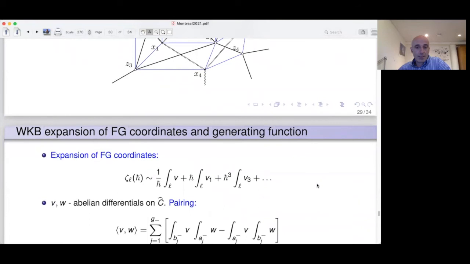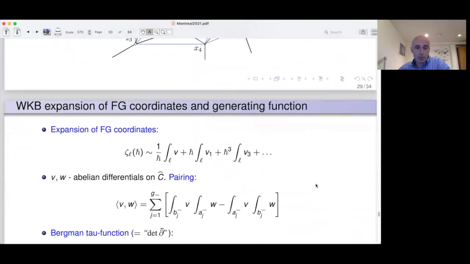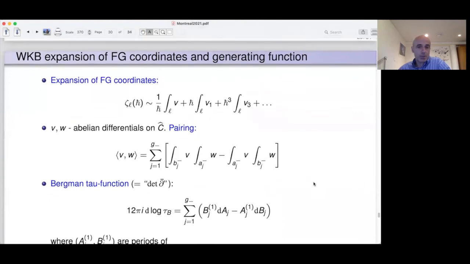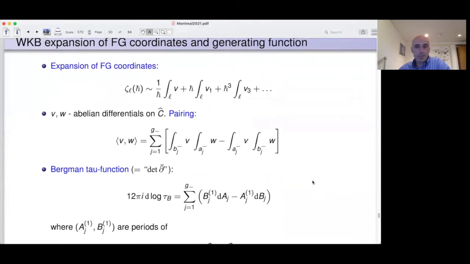And then to talk about the WKB expansion of the generating function, we have to look at the WKB expansion of symplectic potentials. And the symplectic potential on the monodromy side is written in terms of Fock-Goncharov coordinates. So what is their H-bar expansion?